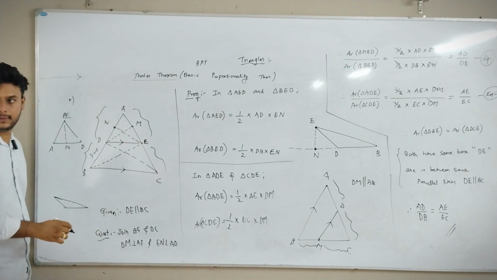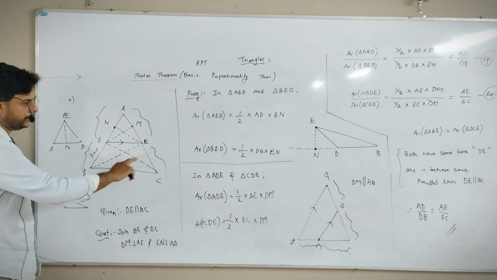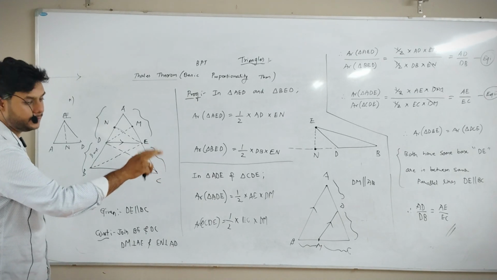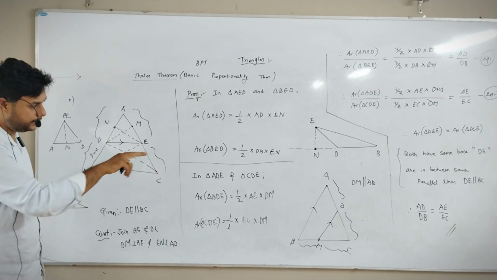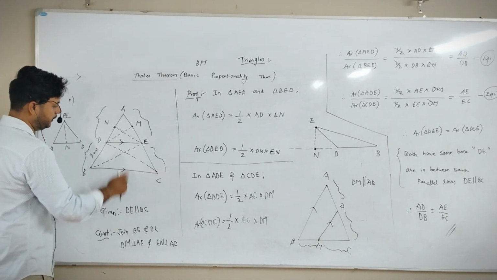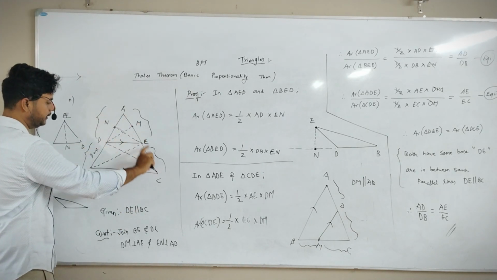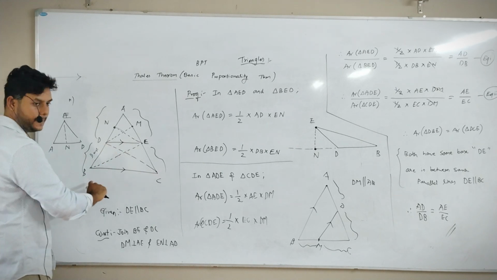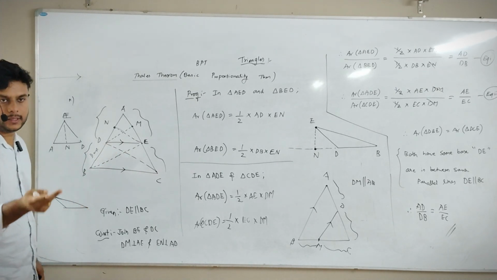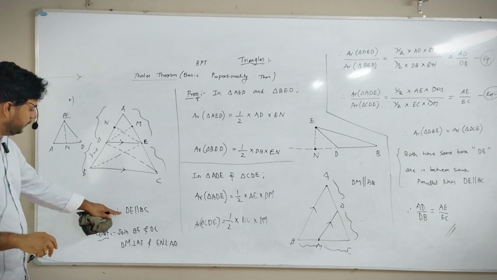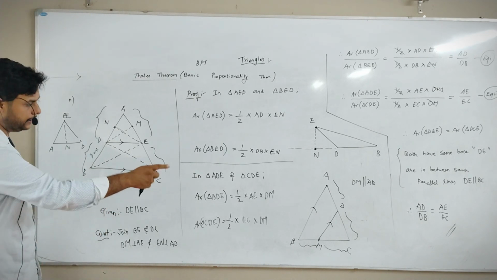Now in the converse, AD by DB is equal to AE by EC is given to me, and I should prove that if AD by DB is equal to AE by EC, then DE is parallel to BC. I should prove the opposite. That is given for me now.